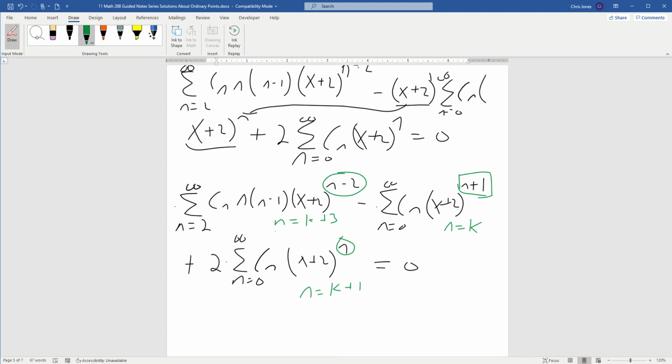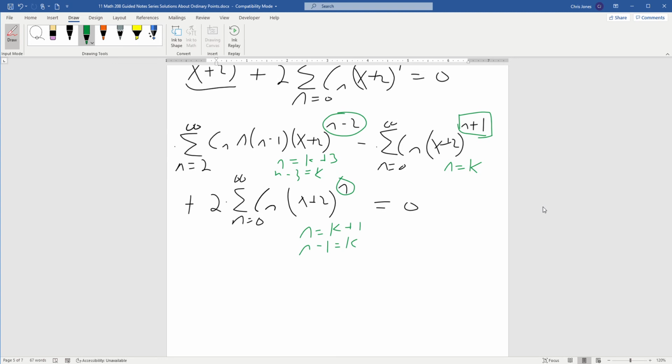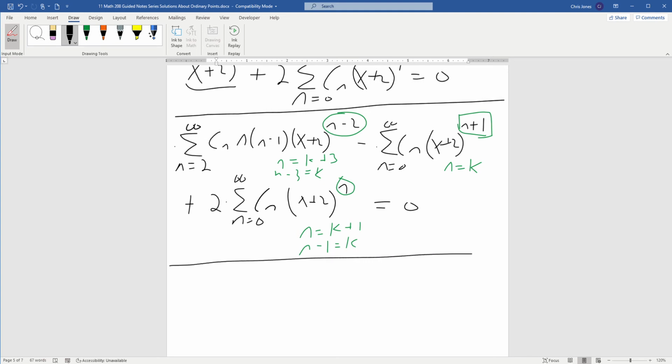Now keep in mind that's going to shift the indexes. So that means that we're going to have n minus 3 equals k, and then n minus 1 for that third series is going to be equal to k. So we're going to have a little bit of shifting of the indexes, just to make sure we know which step is which.